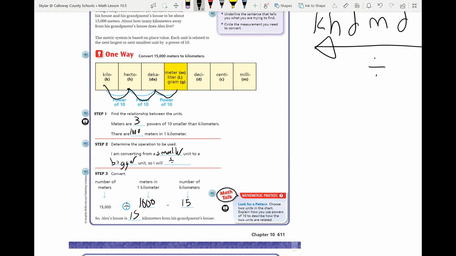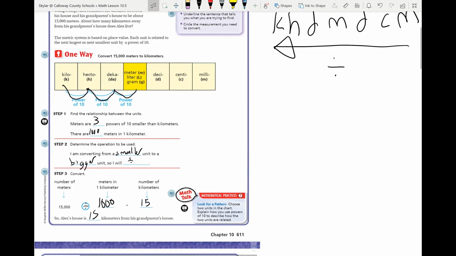That's how the actual math works out for this. Let me show you a much easier way to do this, though. So you write out, King Henry demanded more dark chocolate milk. We are starting at meter, and we go 1, 2, 3 spaces to the left.